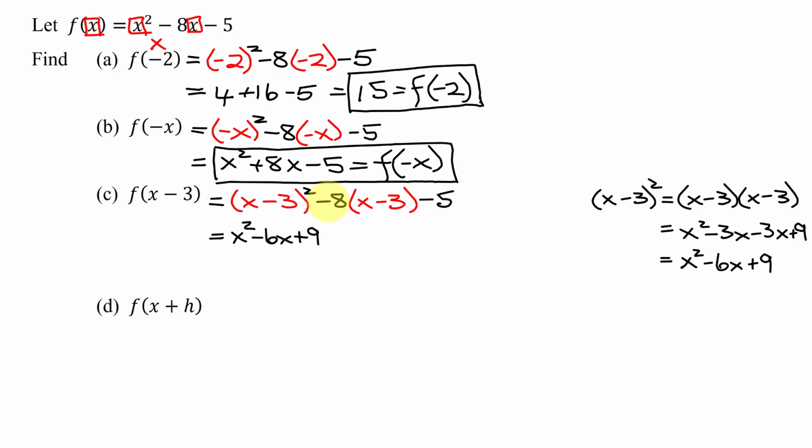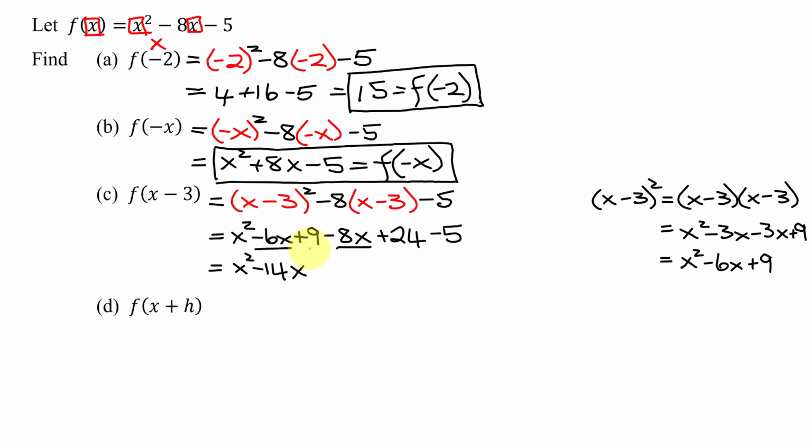Distribute in the negative 8. Negative 8 times x is negative 8x. Negative 8 times negative 3 is positive 24. And then the minus 5. Now all we have to do is collect up like terms. There are no like terms with the x squared, so I'm going to get x squared. Then I have negative 6x added to a negative 8x, which is negative 14x.